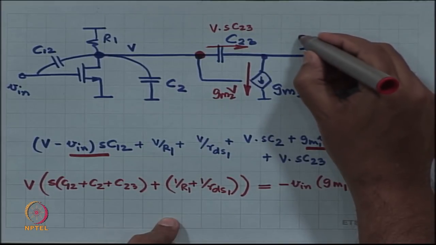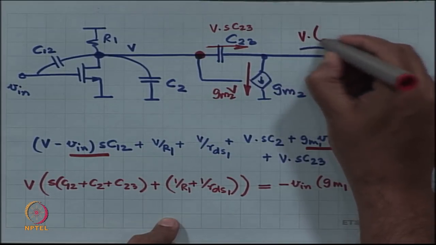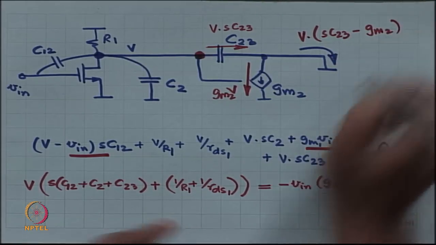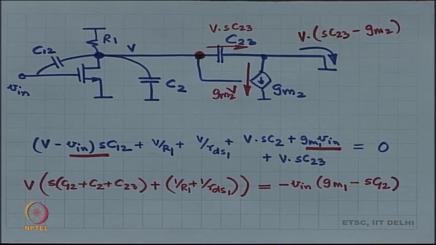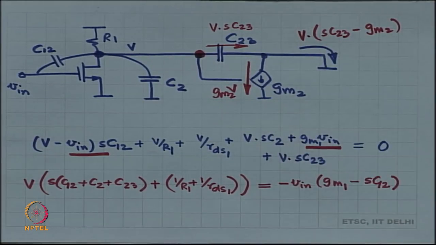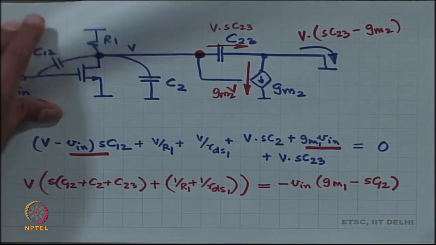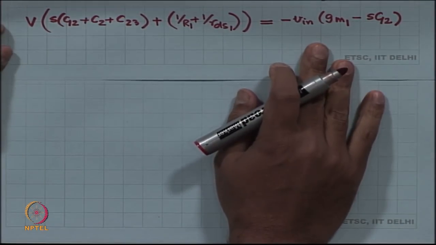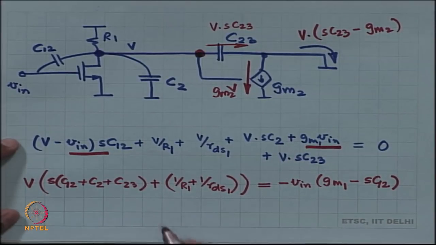The short circuit current is V times SC23 minus GM2. Okay. So, knowing V is not enough, I need to multiply it by that factor, that is the short circuit current. So, my short circuit current finally is, or rather let me write out the short circuit transconductance is what?